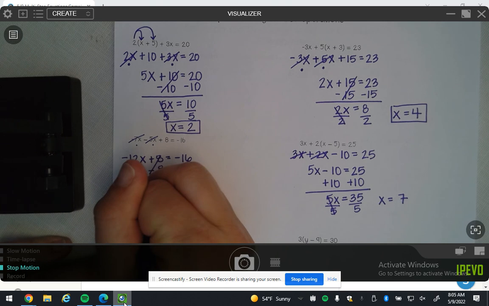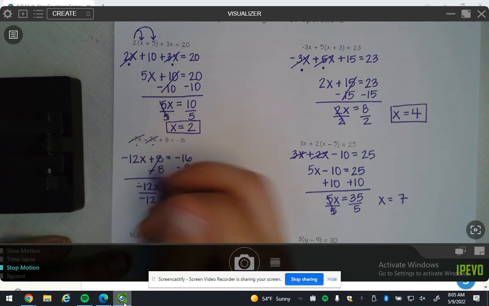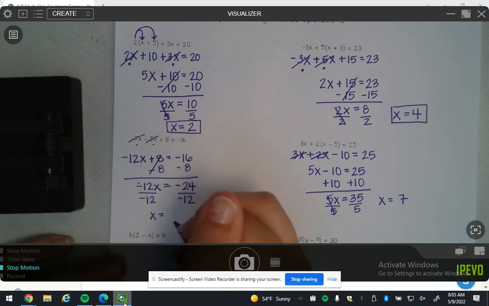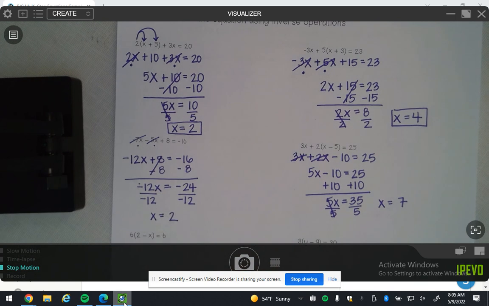Negative 12. So the negative 12s cancel. So x equals negative 24 divided by negative 12. It equals 2. That's all it is. No. You divide by negative 12.